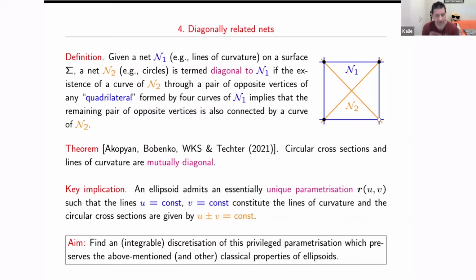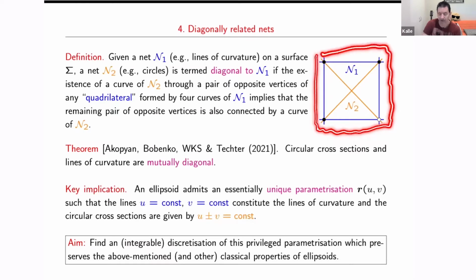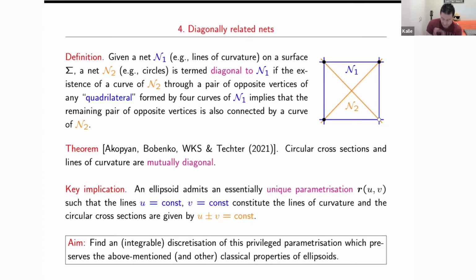What that means is, if you think about this as the parameter space rather than the curves on the surface, you can find a parameterization such that you just get a square grid with the diagonals. In other words, you can find a parameterization of an ellipsoid, where U and V are curvature coordinates, such that the lines U equals constant and V equals constant are the lines of curvature. And then if you take U plus or minus V, you get the circles.